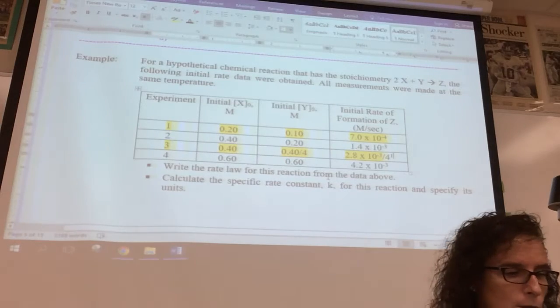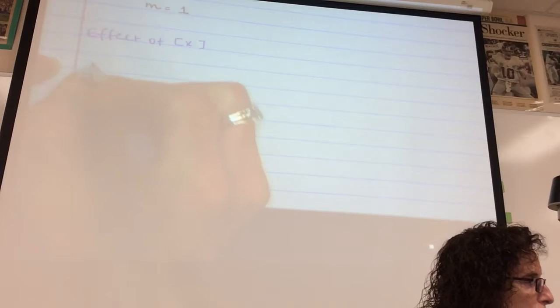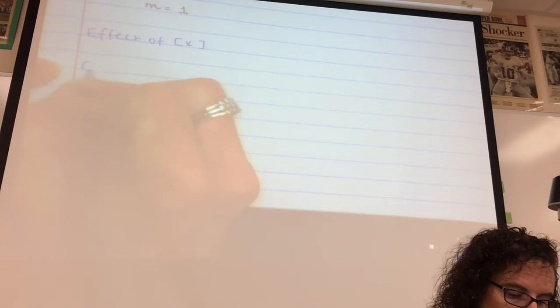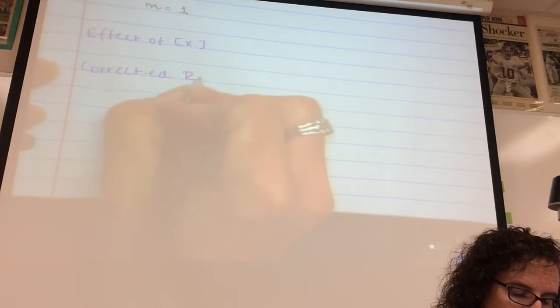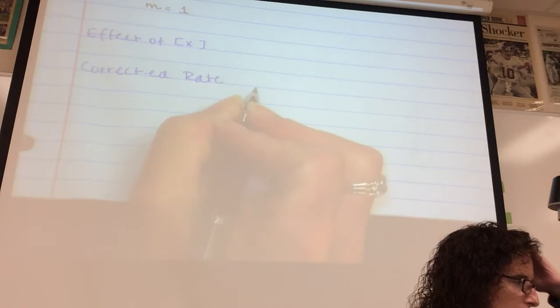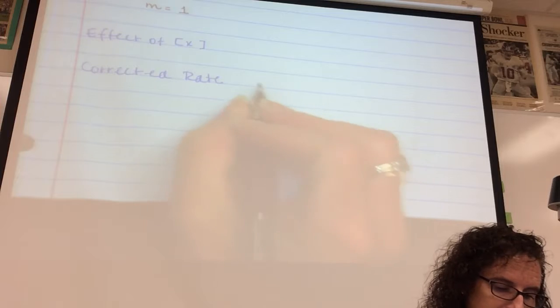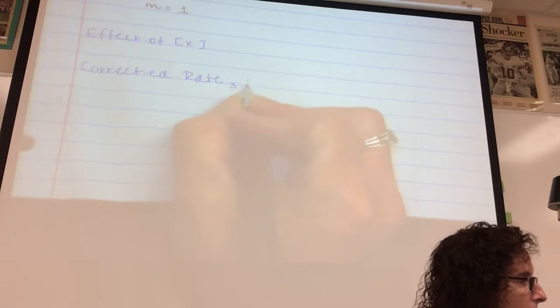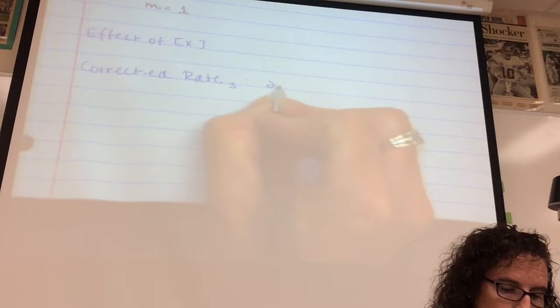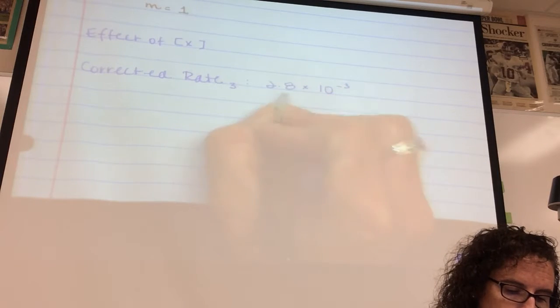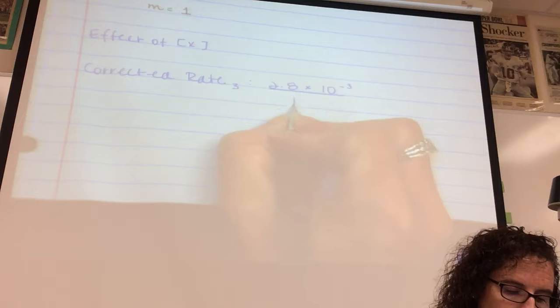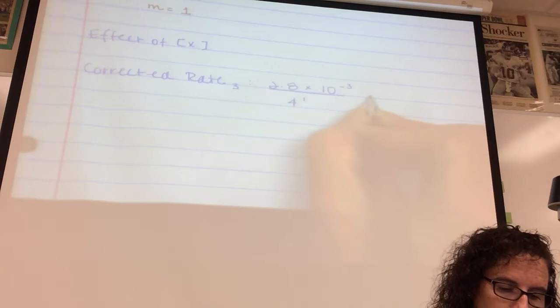on the rate. So if we take a look at this then, the first thing I need to do is get the corrected rate of formation of z in experiment 3, and that's going to be 2.8 times 10 to the negative third divided by 4 to the first power.